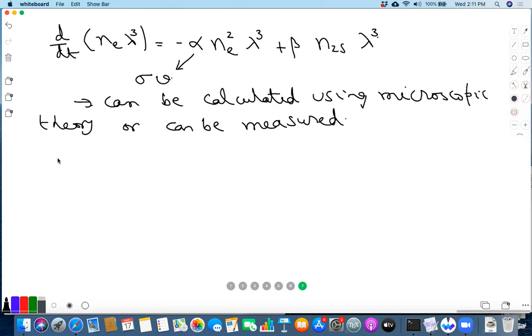So what about beta? Okay, how to compute beta? Now, of course, you can calculate beta also microscopically, because you know the thermal distribution, you know the photon collision rate between photon and nl states, and how it excites. But we'll see that there is a shortcut.